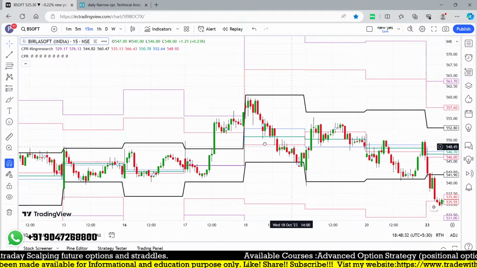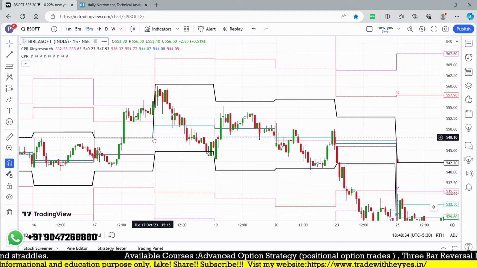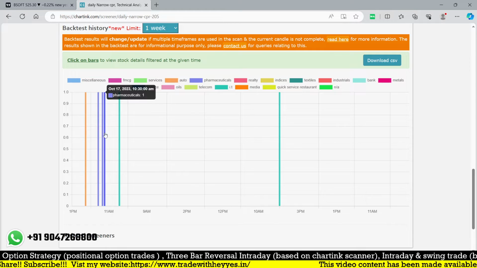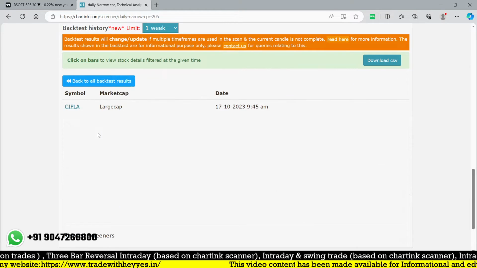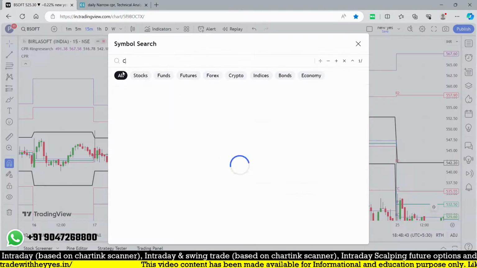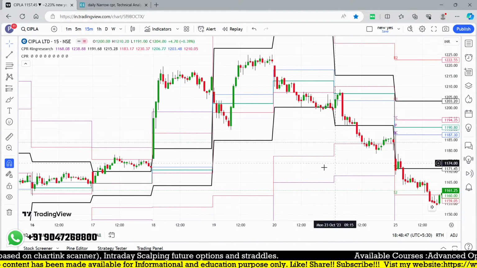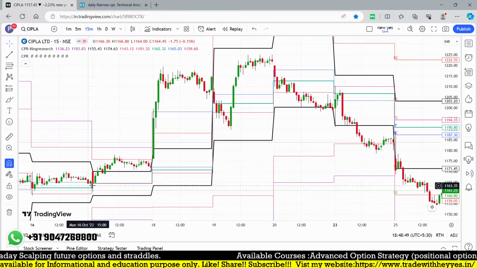If it is broken, we are going to plan for an opportunity for a reversal, but that did not happen on the same day. So Be soft, and this time 17th October Cipla, very low number of stocks, one or two. 17th October, this is the thing which I'm looking for.